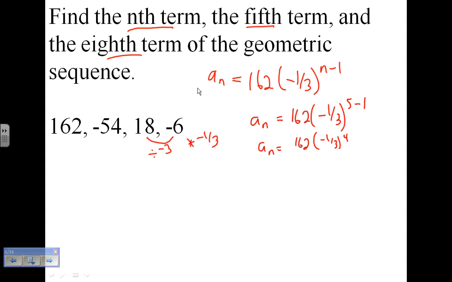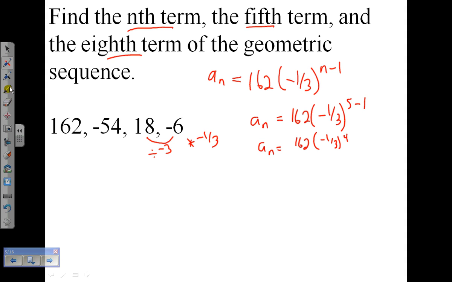That's a sub 5. So you take your calculator, take 162 times -1/3 to the 4th, and you end up with 2. So the fifth term is going to be 2.